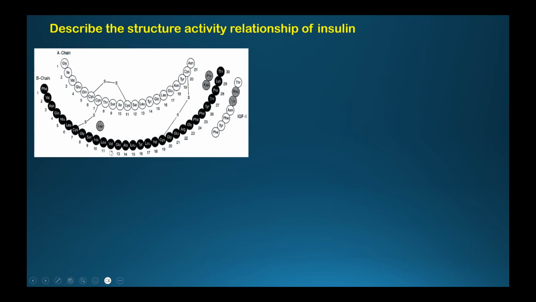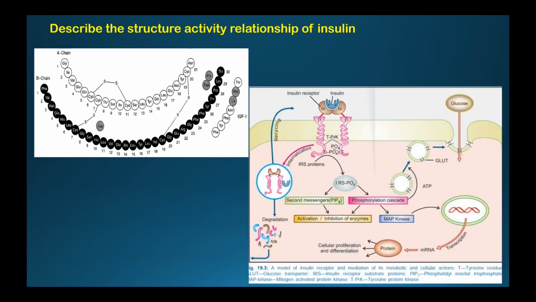When you alter the position of this amino acid sequence, you can produce artificial insulins according to your choice, and that is where the insulin analogs come in. So the question that I asked you, the Lispro and the Glargine. Glargine is a larger one.